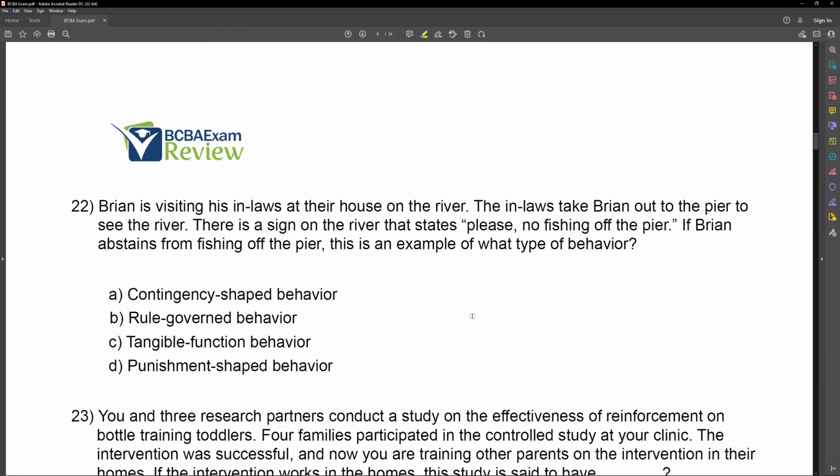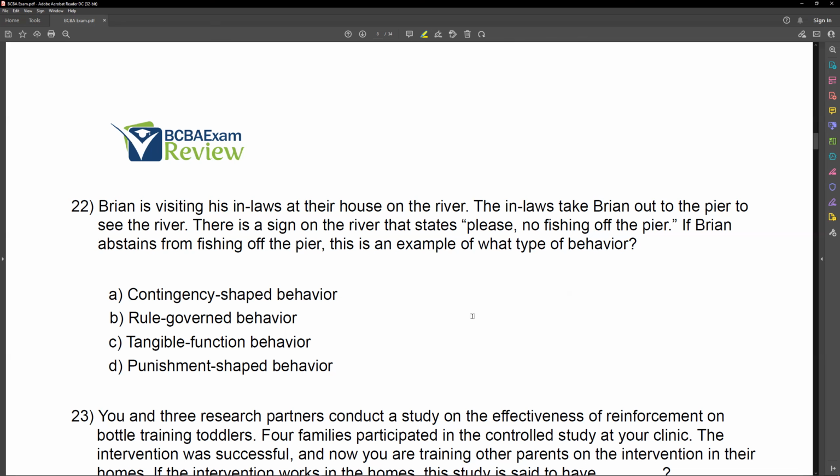What is contingency shaped behavior? Contingency shaped behavior is behavior that is influenced, maintained or changed based on past consequences, contingencies, if-then. Rule-governed behavior is behavior that is maintained, decreased or increased, but not based on consequences. It's based on a verbal or vocal rule, or verbal or vocal contingency.